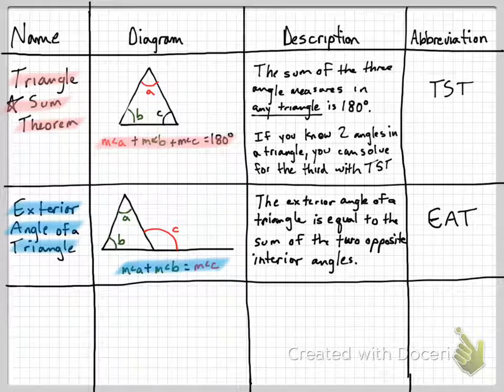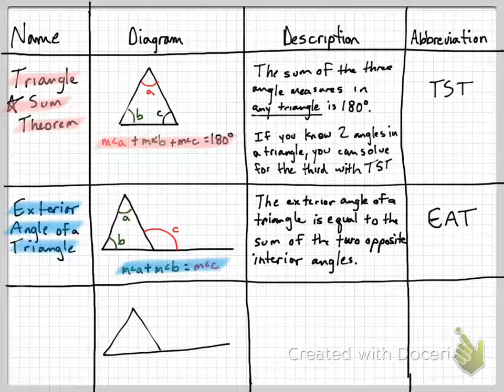So I'll preface real quick by saying, don't write this down, but just a very simple example of an exterior angle of a triangle. I'll draw something here real quick. Again, don't write this down.